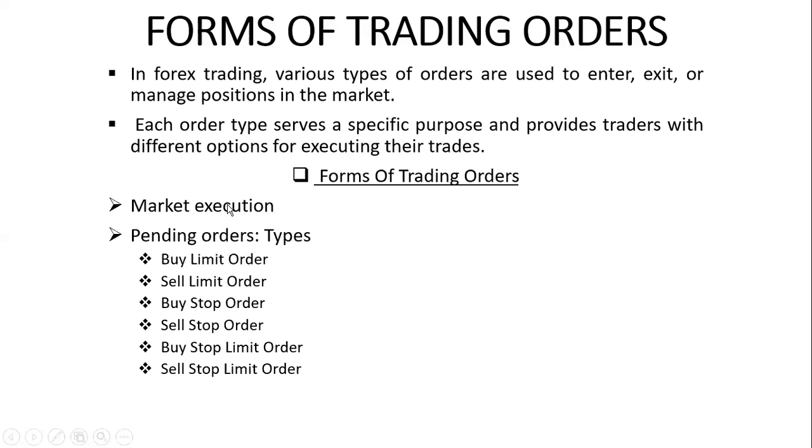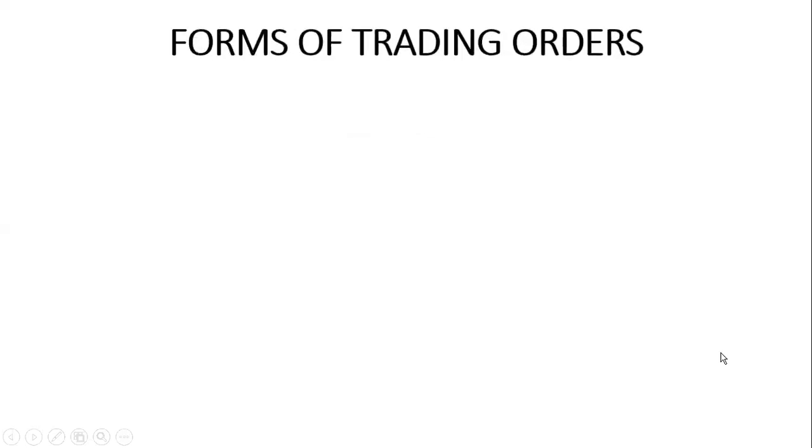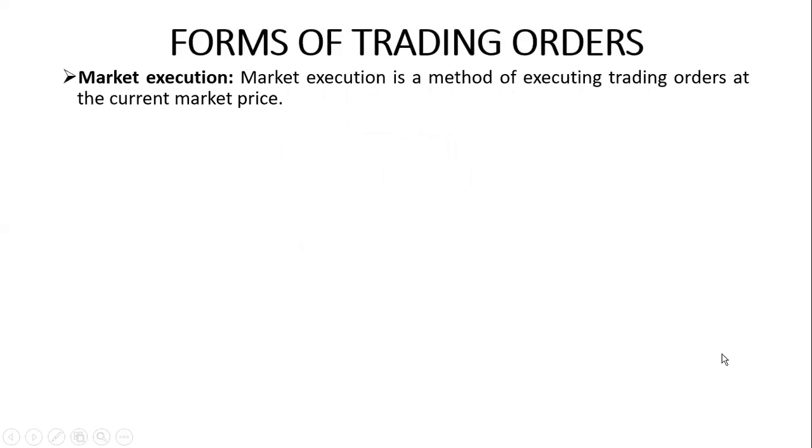Mostly you will be using market execution, buy limit, sell limit, buy stop and sell stop. Most traders don't use the last two, the buy stop limit and sell stop limit orders. Now let's take them one by one.